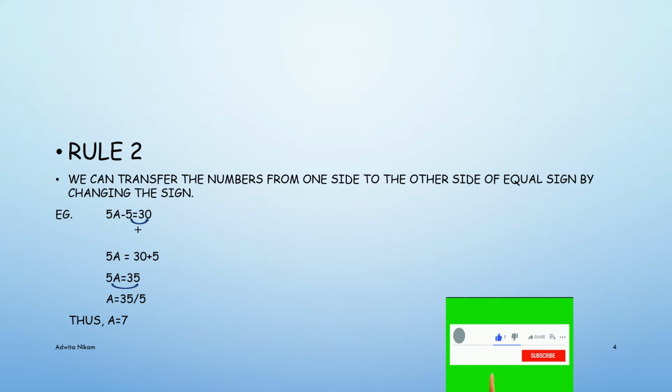Just like 5a minus 5 is equal to 30. So this a we have to find out. Its sign is minus, so we take 5 from here to 30. We just add it. So 5a is equal to 30 plus 5. 5a is equal to 35.